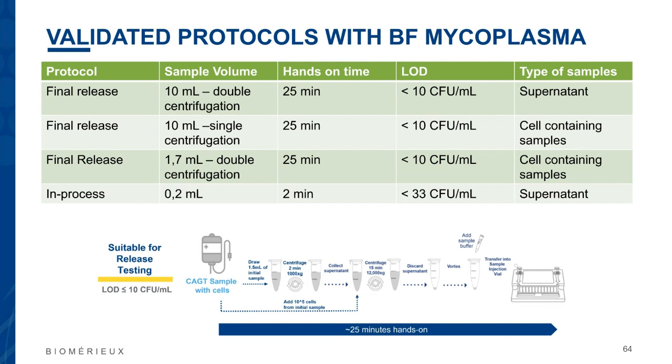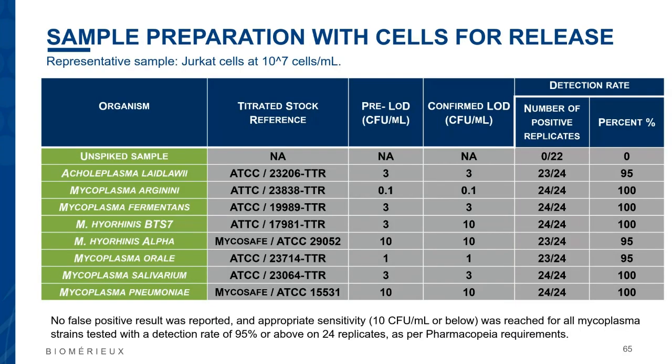We have a first centrifugation here. We recover a small sample from the pouch. We mix the cells with the supernatant, and then we spin everything. We discard the supernatant, add the sample buffer, and then load into the pouch. So, a pretty simple protocol.